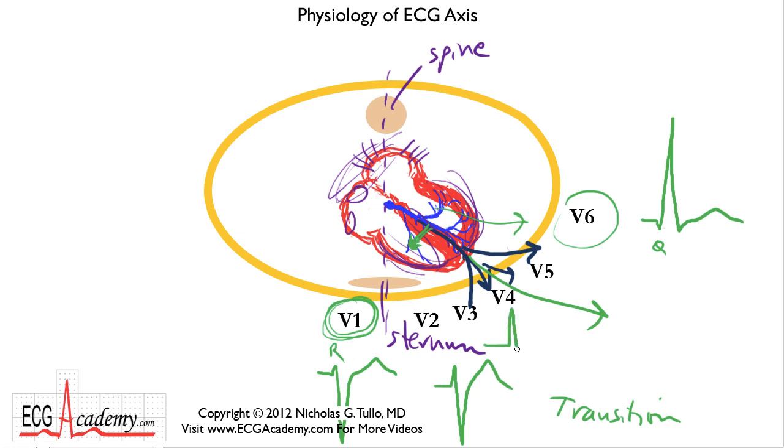V3 sometimes is the transition point, so the R equals S, and sometimes it's V4 where the R becomes taller than the S wave. In V5, there's usually a residual S wave, but by V6, there should be very little S wave left. So you have this gradual R wave transition across the precordium, and we'll talk about abnormalities in this R wave progression in the third lesson in this section.